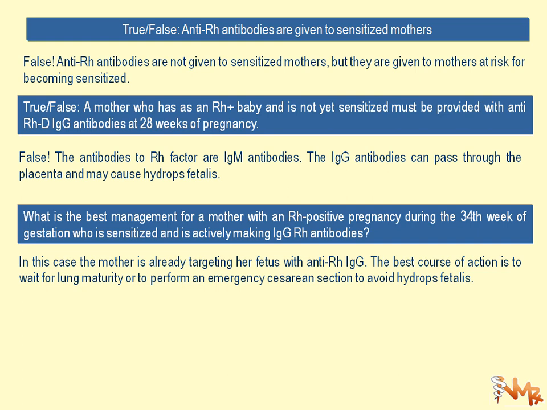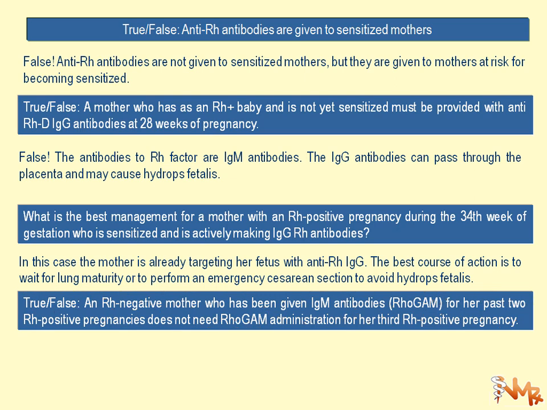The best course of action is to wait for lung maturity or to perform an emergency cesarean section if the lung is mature to avoid hydrops fetalis. Another option available to us is to do intrauterine blood transfusion for the fetus as well.